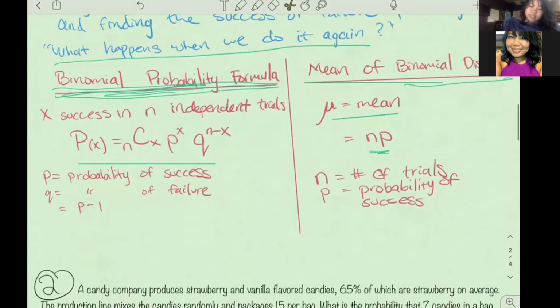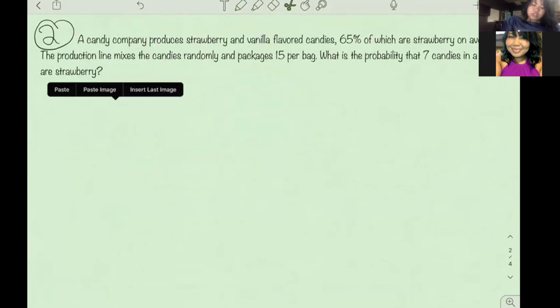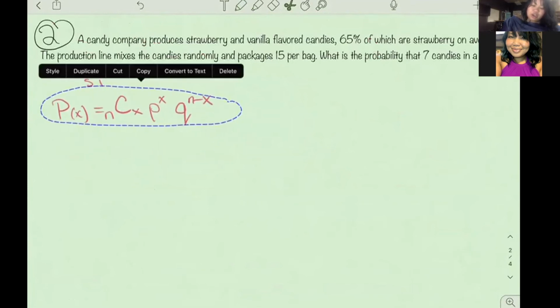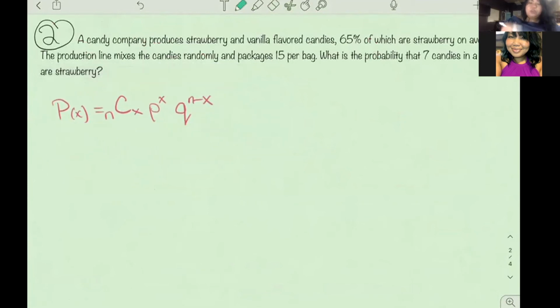So we have this, and we have to start with the obvious, which is finding our variables, just like any other problem. But first, let's figure out what they're asking. They're asking what is the probability that 7 candies in a bag are strawberry. All right, so that means we're looking for 7. 7 will be our variable x, okay?